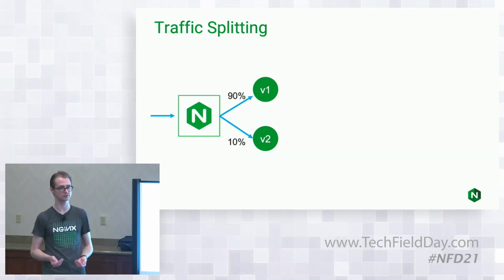This use case is called canary releasing. You deploy a new version of the application and expose it to only a subset of the users. This is called the canary version, and you can see how it works. Once you're confident that the new version works okay, you can make a complete switch.